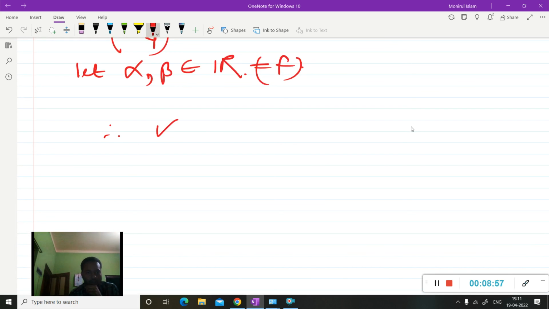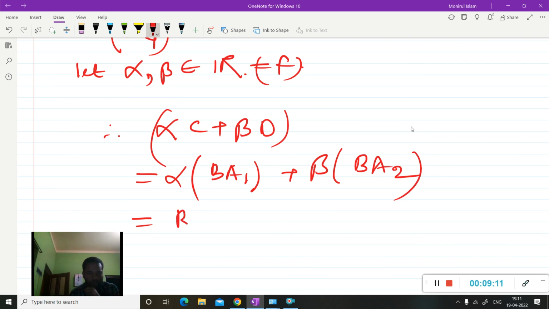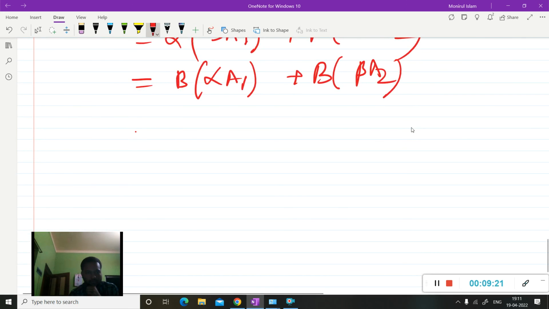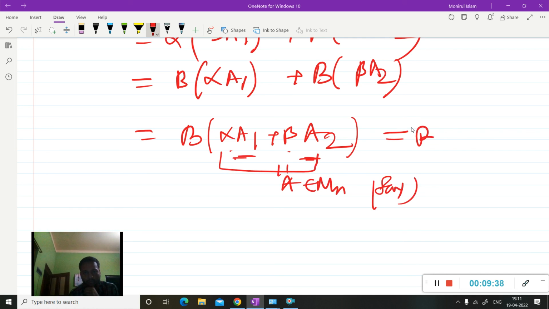If we make the combination alpha C plus beta D, C is BA1 and D is BA2. So this gives alpha BA1 plus beta BA2, and taking B outside, this gives B times (alpha A1 plus beta A2).